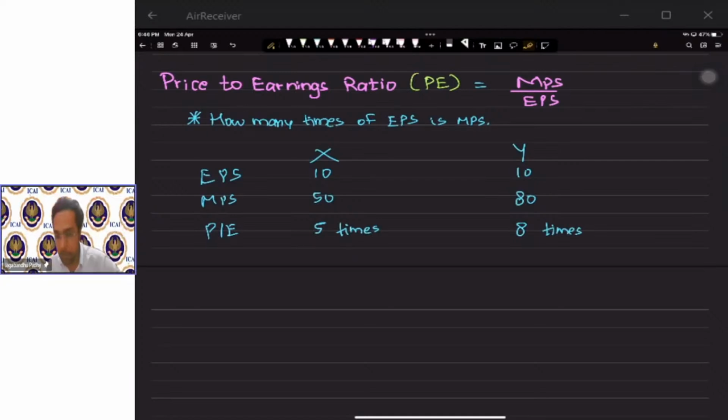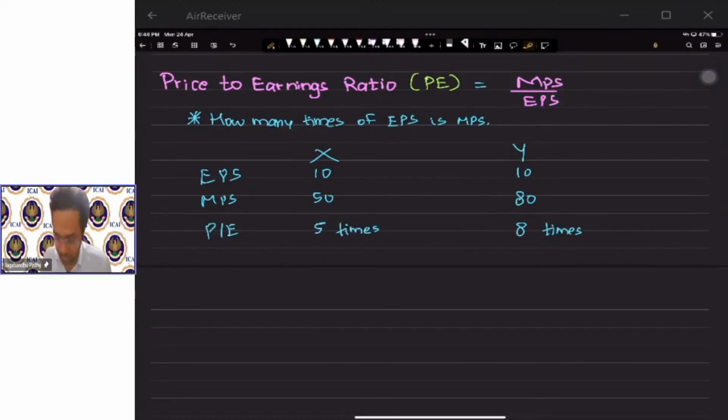Do you feel which company enjoys a greater investor confidence? Is it X or Y? Okay, the majority of you are saying Y. Correct.